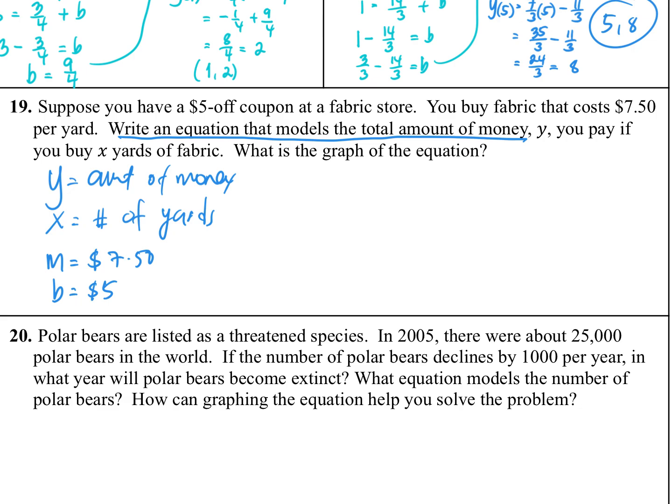Okay, so it's going to be y is equal to the cost per yard, 7.50, multiplied by x, which is the number of yards, minus the $5 coupon off. So this is going to be the model. The characteristic of this model is actually linear.